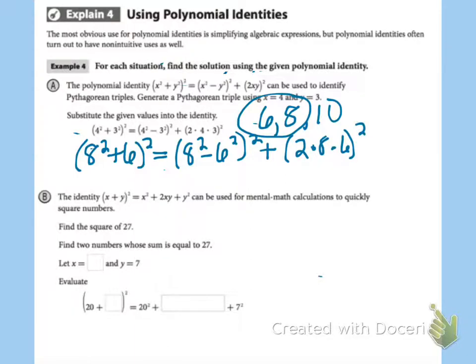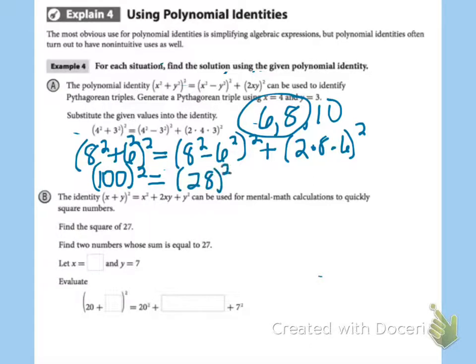So again, this is going to produce another Pythagorean triple. 8 squared plus 6 squared: 8 squared is 64, 6 squared is 36. Add those together, you get 100 squared. Then 8 squared minus 6 squared, that would be 64 minus 36, which is, I believe, 28.